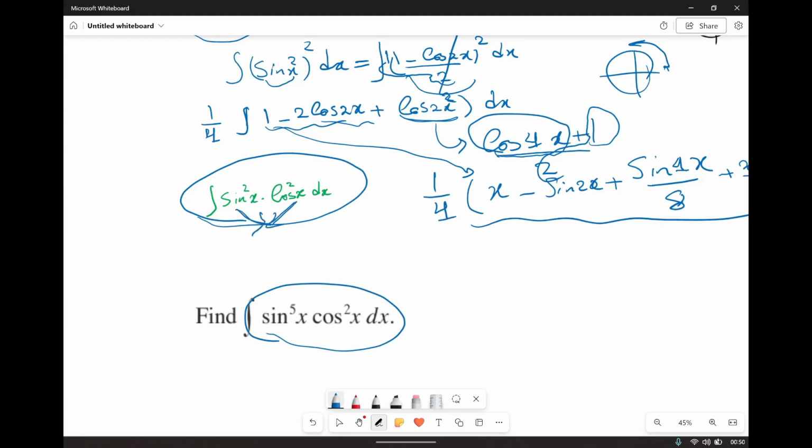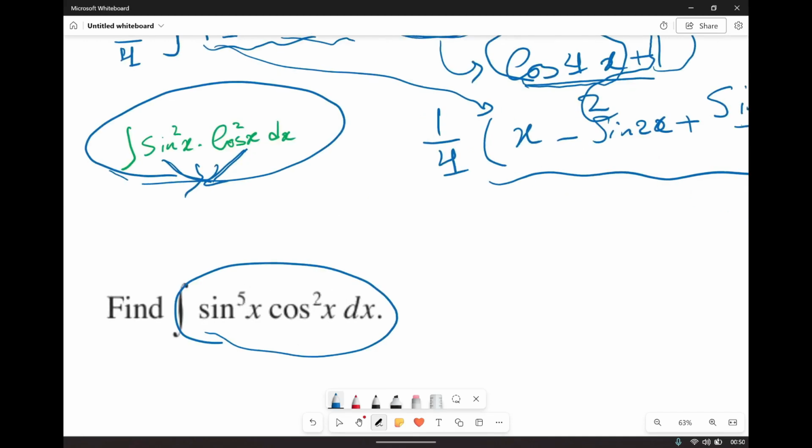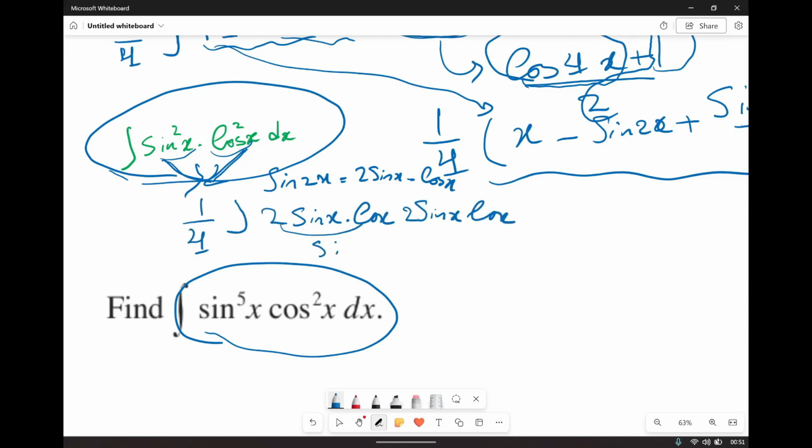Because if I solve this in a simple way, we know by the formula that sine 2x is 2 sine x multiplied by cosine x. Instead of this multiplication, I write sine x cosine x, sine x cosine x, and the 2 to 1 over sine 2x, and that is sine 2x. Therefore our integration is 1 over 4 sine 2x power 2 dx.